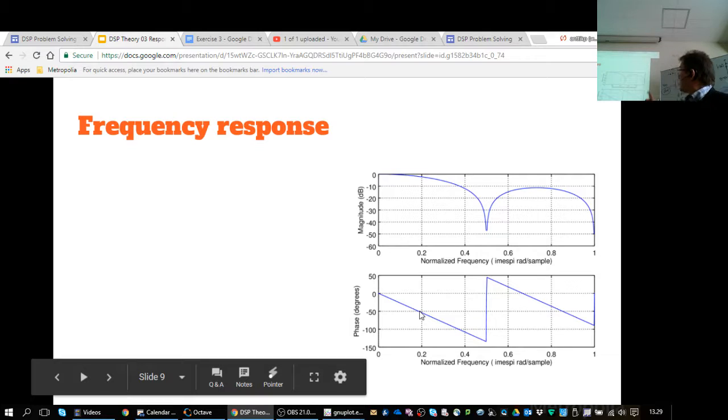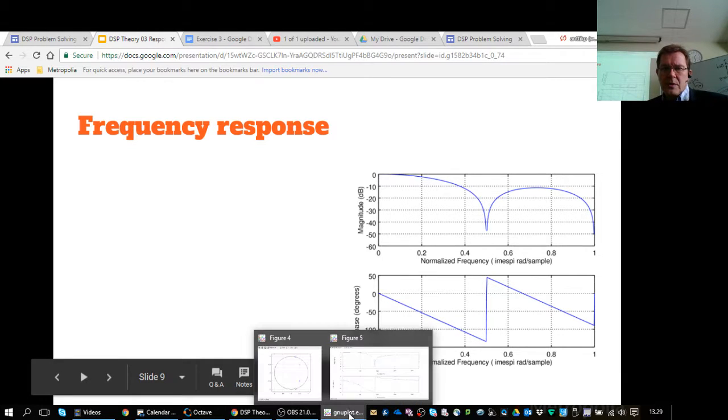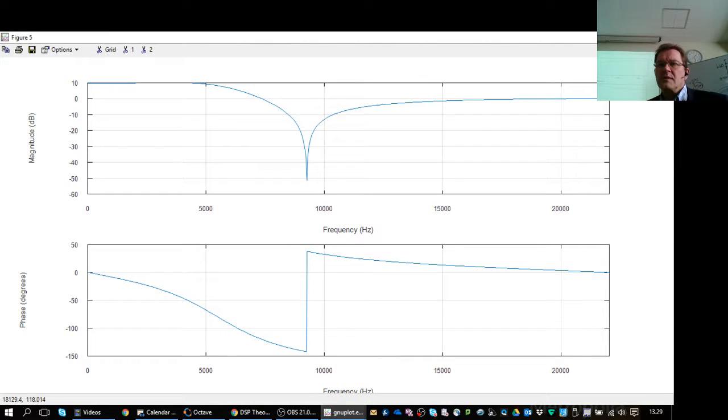That was the 4-point running average filter, which had the same amount of stop band attenuation. But look at this one compared to this one here.